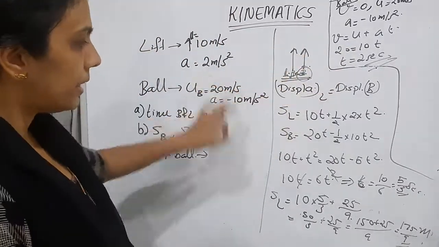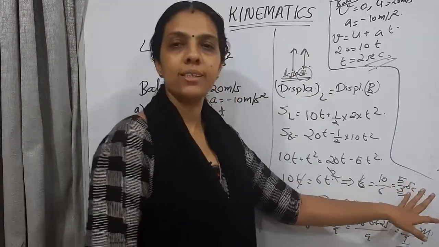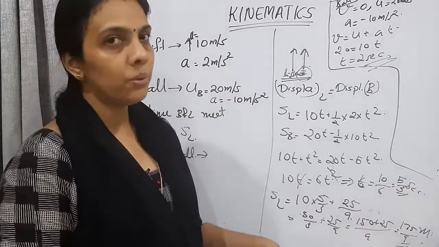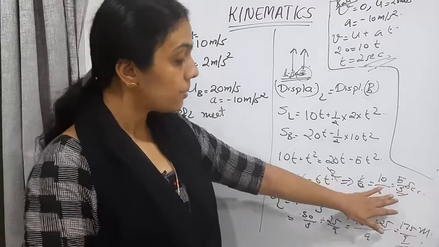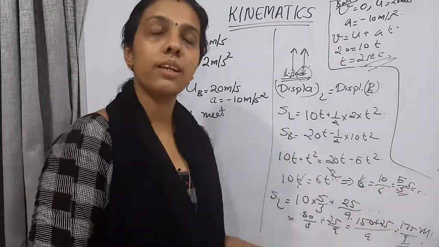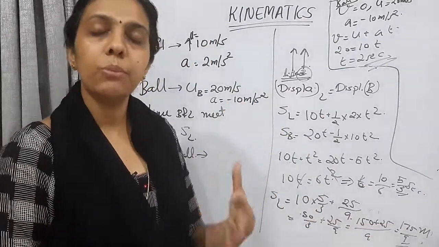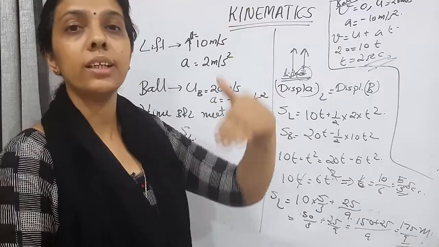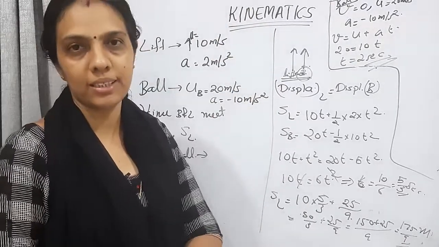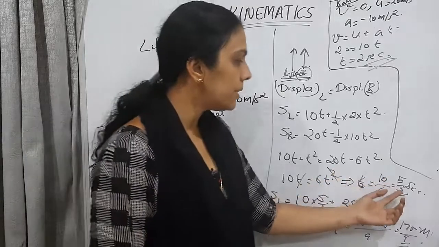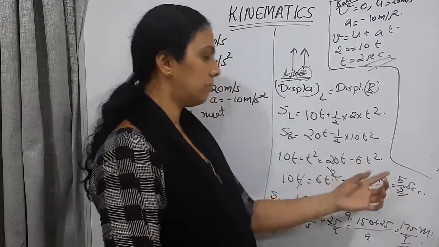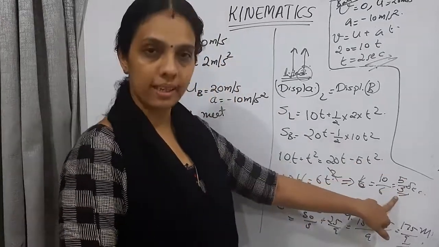So when they are meeting each other, they will be at 1 point something seconds only. If this is more than 2, then we will understand that it is meeting during the downward motion of the ball only. But here, the meeting time we got is 5 by 3 seconds.